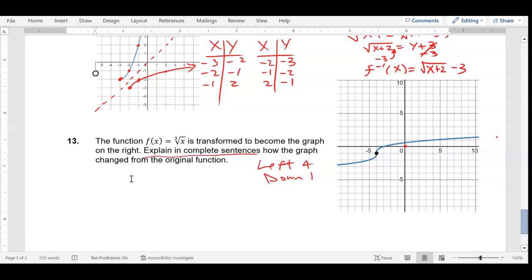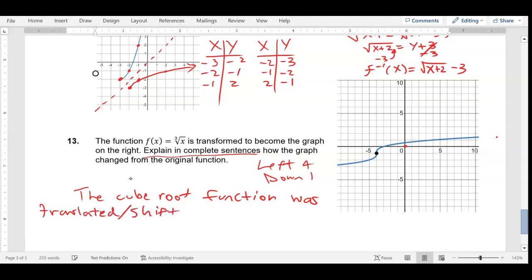So what could I actually write? The cube root function was translated. Now, if you don't know that word, you could just say shifted 4 units to the left and 1 unit down.